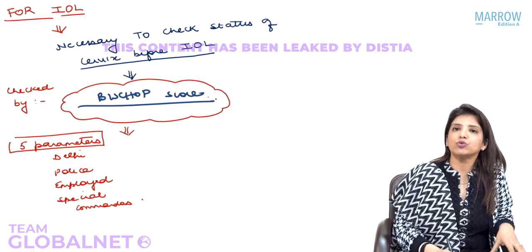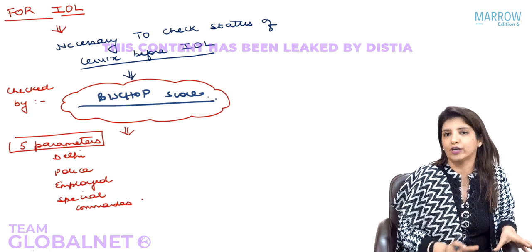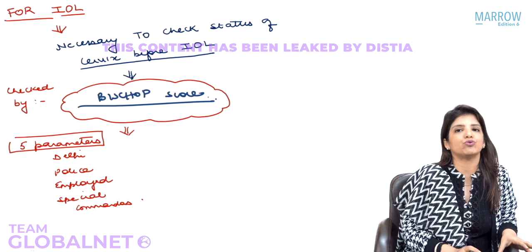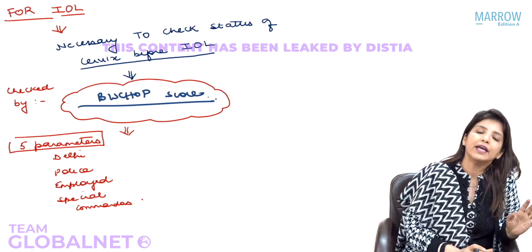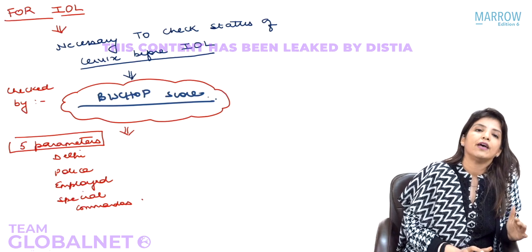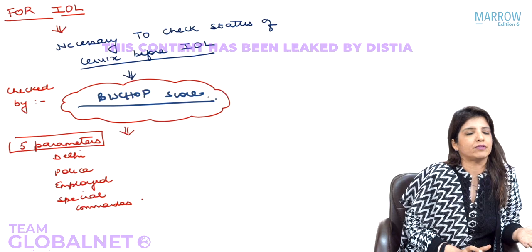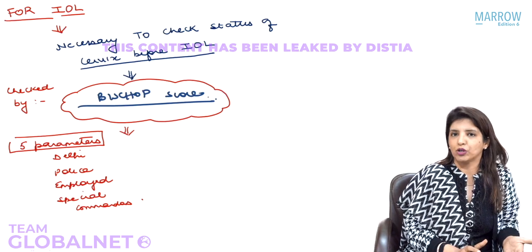Right? So before you start inducing labor, make sure that the cervix is ready for delivery. And that you are going to do by seeing a score which is called Bishop score. In Bishop score, there are 5 parameters which you have to check. And the mnemonic for these parameters is Delhi Police Employed Special Commandos. Right?